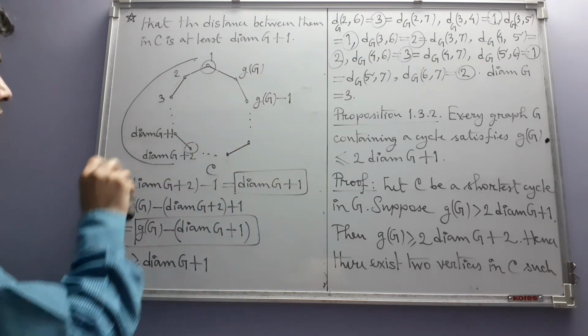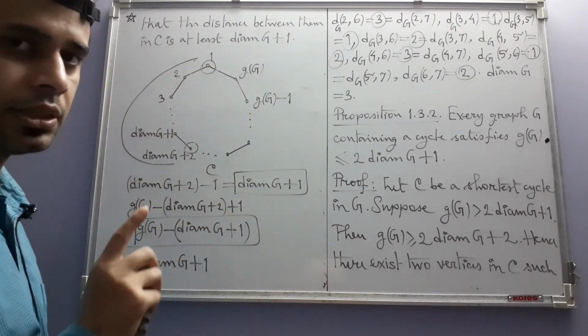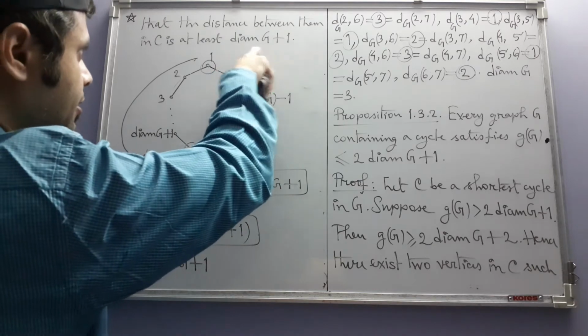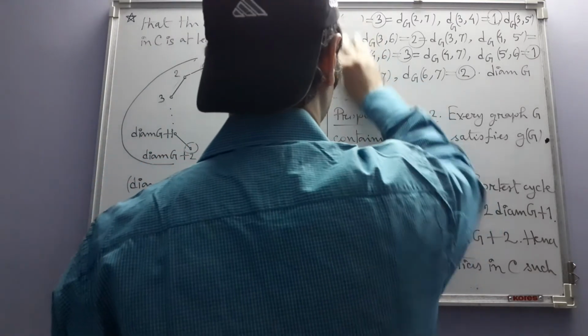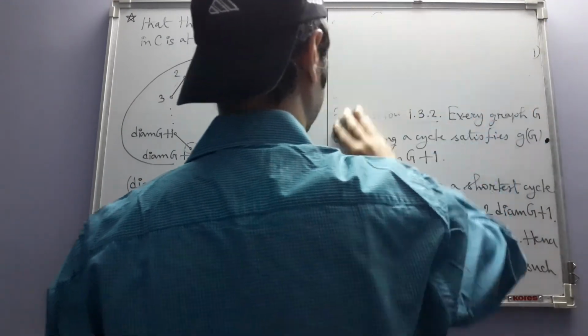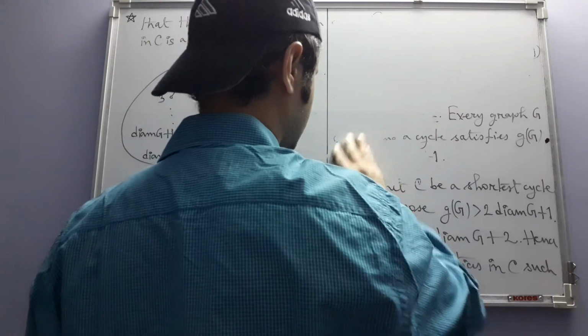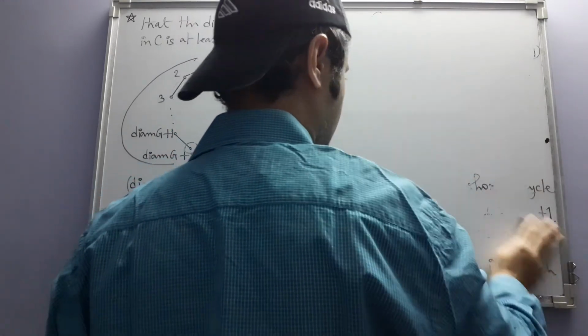The point is that we do get 2 points such that the distance between them in C is at least diameter of G plus 1. Okay. Now what?